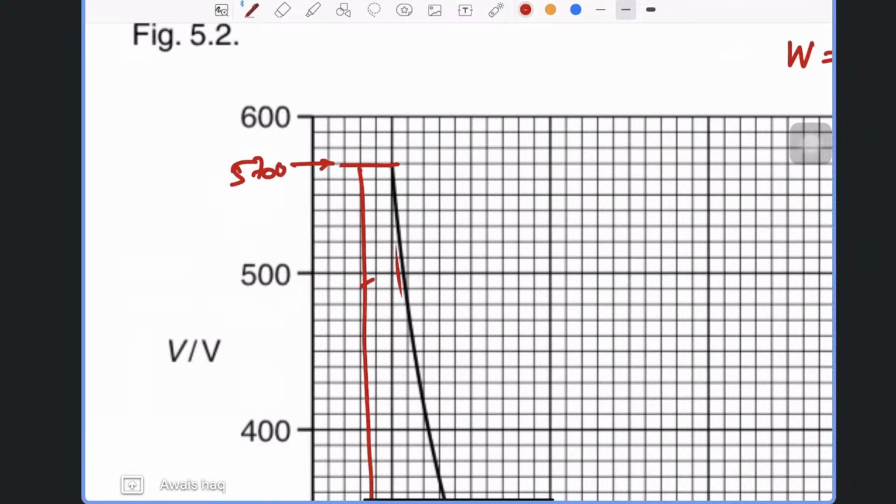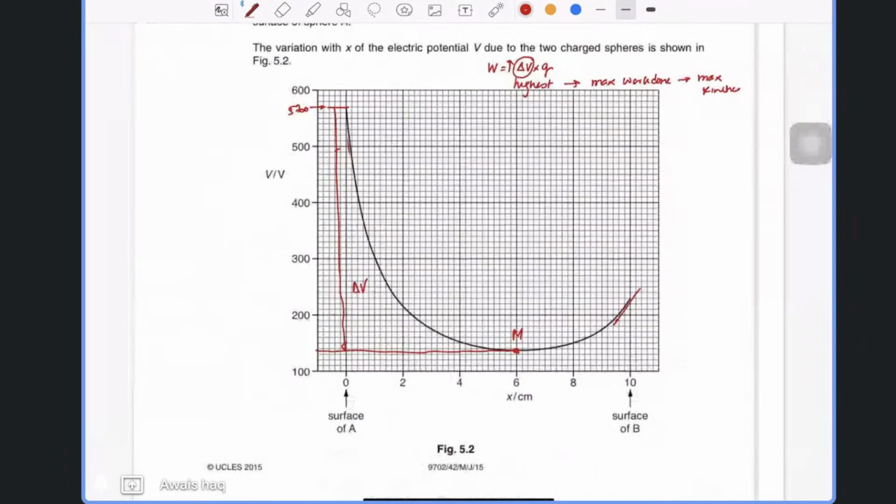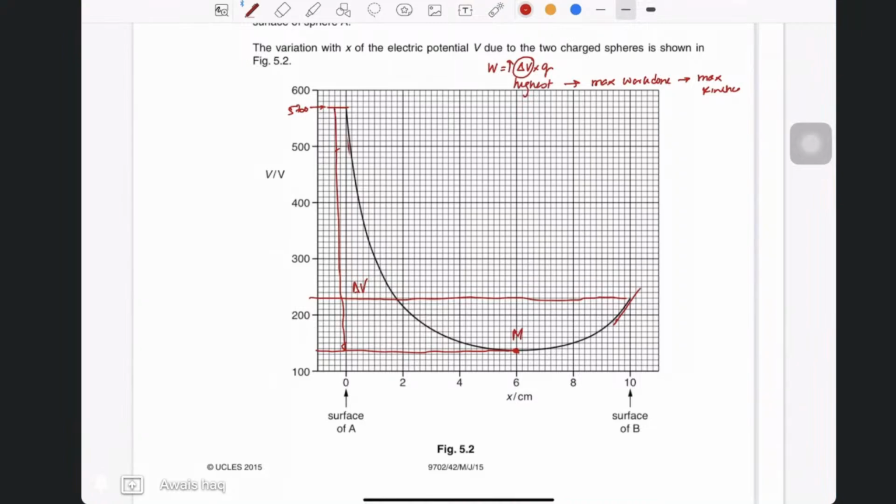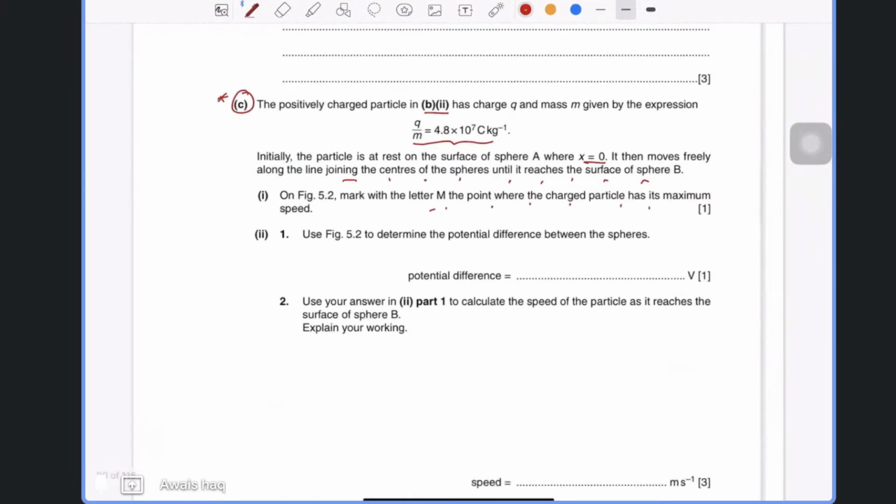Okay, and what is this value? 230. So the difference is 570 minus 230. What do you get? 340. Okay, 340 volts should be the answer.